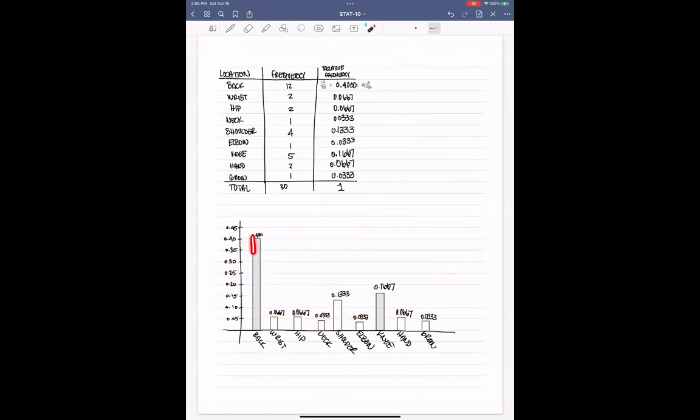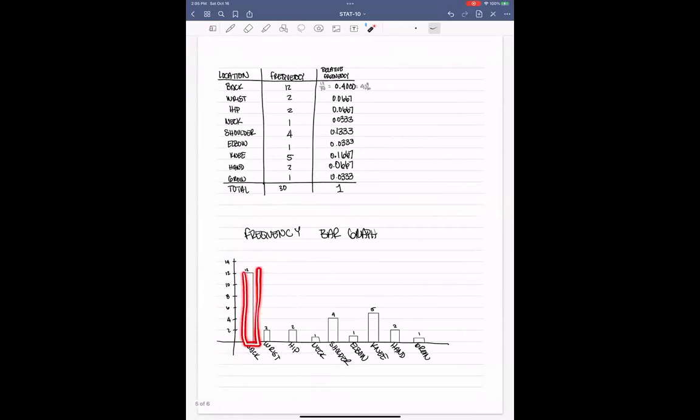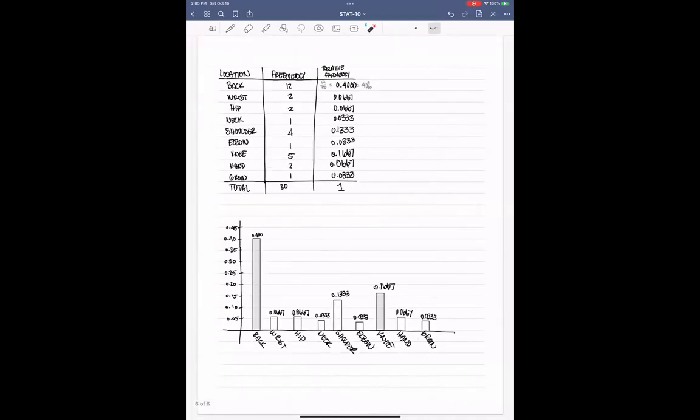But the structure is, this one's still the tallest out of all of them, just like it is here. And we have a three-way tie for the shortest at 1, 2, 3 here, just like we have a three-way tie for the shortest over here. So the data ends up being pretty much exactly the same.